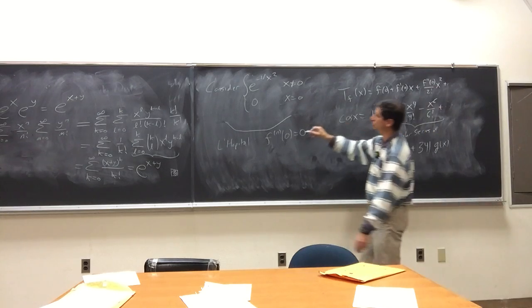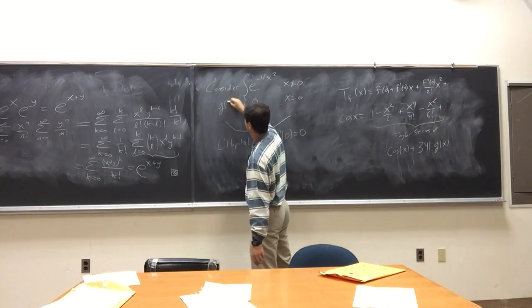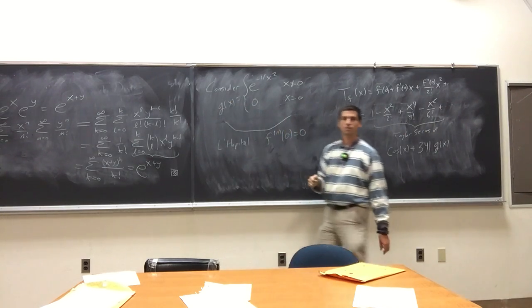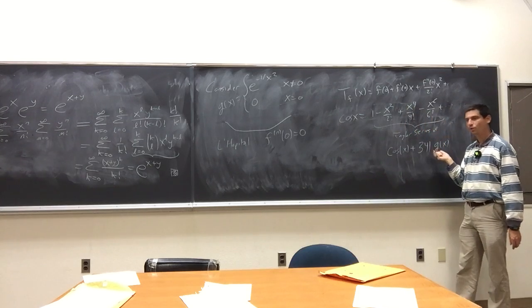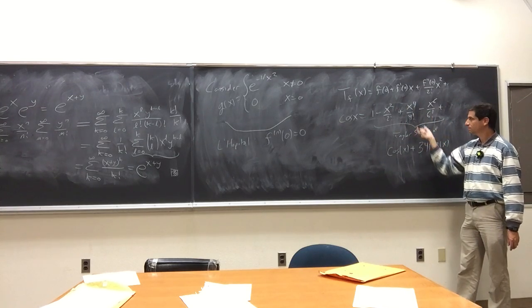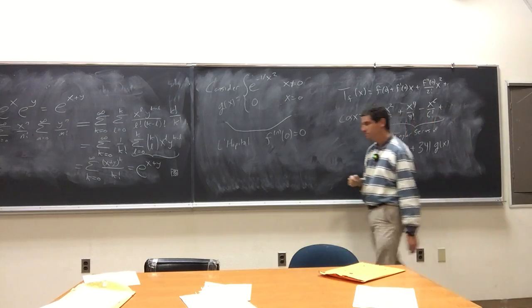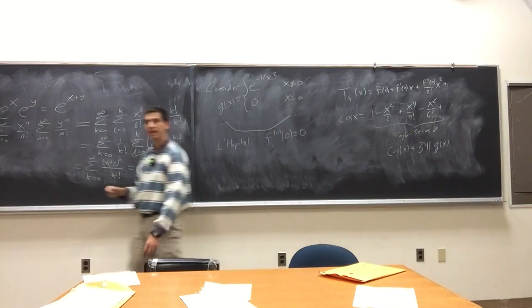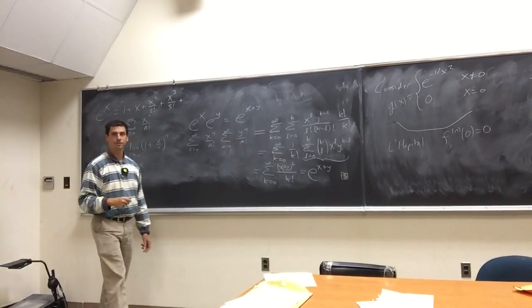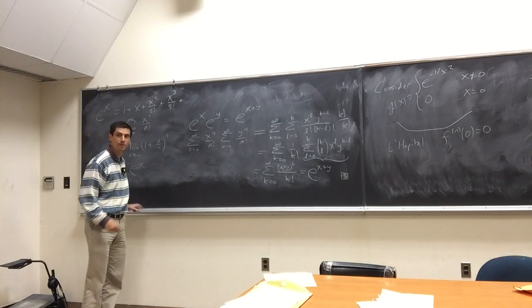With this function over here, we'll call it g of x. If I add 341 times g of x to cosine of x, the Taylor series will be the same. So in terms of trying to determine which function I have, it's extremely difficult. Taylor series have a lot of very bad properties.